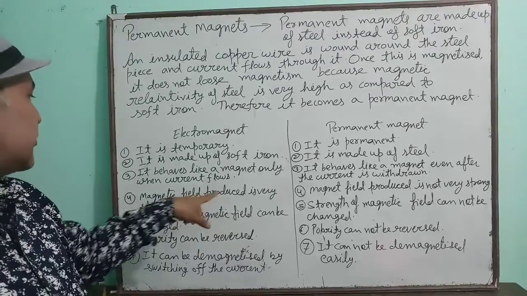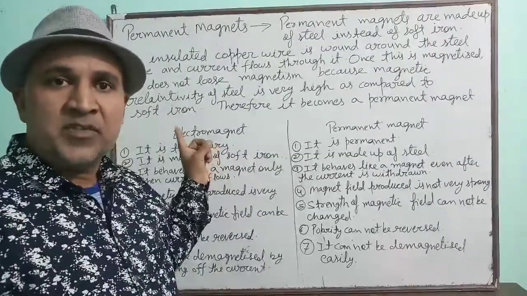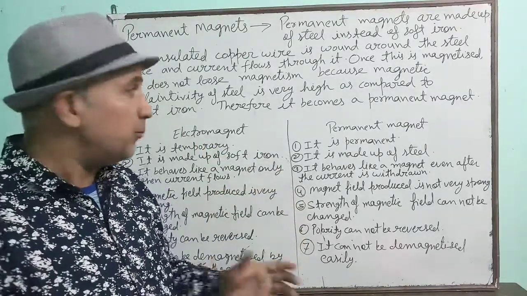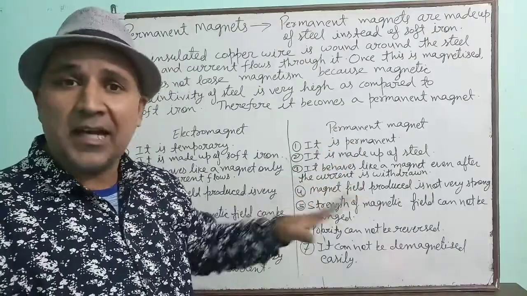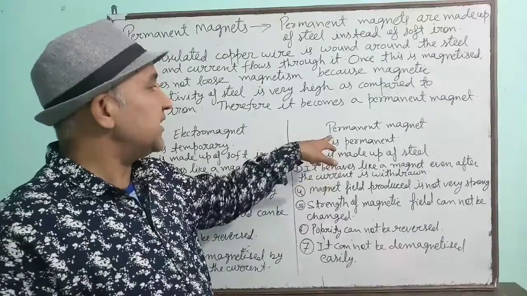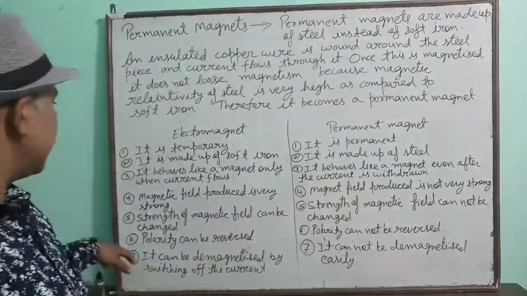Magnetic field produced is very strong with the help of electromagnet. Electromagnet produces a very high magnetic field, but permanent magnet does not produce a very high magnetic field. That means the magnetic field of a permanent magnet is not very strong. Okay.